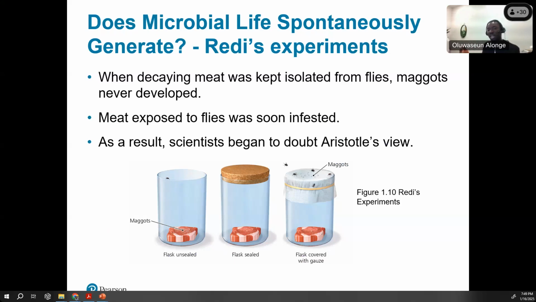So everybody started having their research to see what they could use to defend or contradict what Aristotle had said. So he did his experiment, and it was kept isolated from flies. You see, here he had meat, and the flask he used was open, whereas here the flask was sealed.